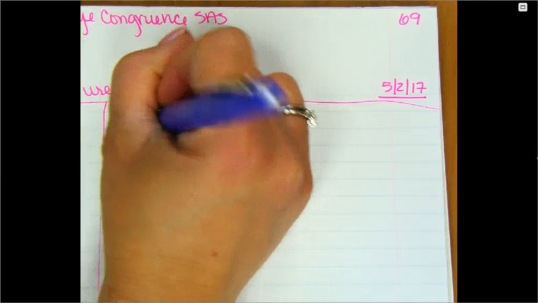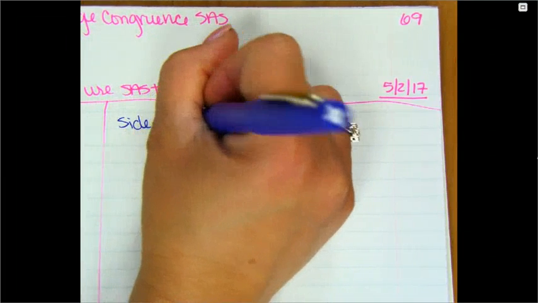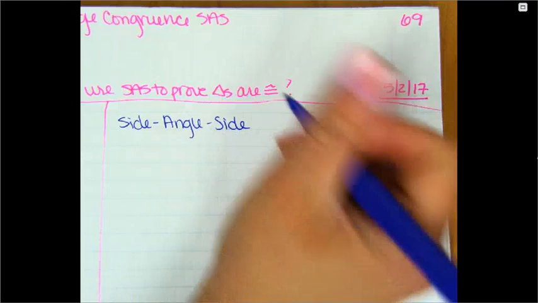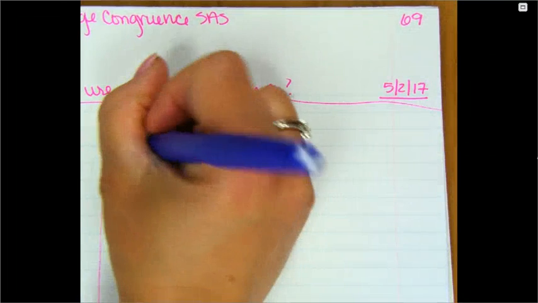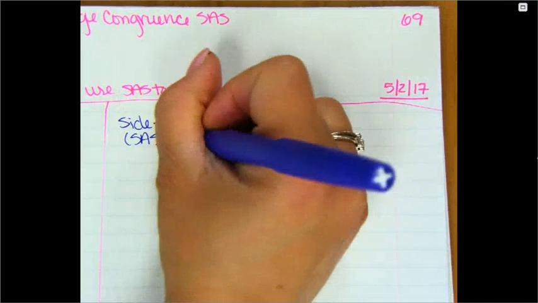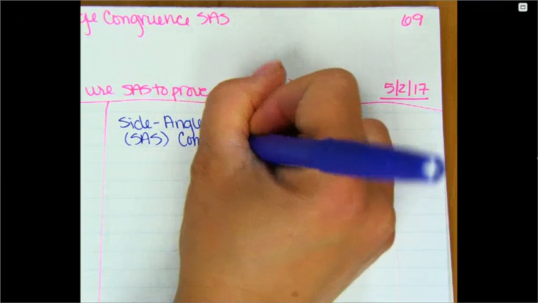Alright, let's write the definition of side angle side. So side angle side, which is SAS, and it's congruence.